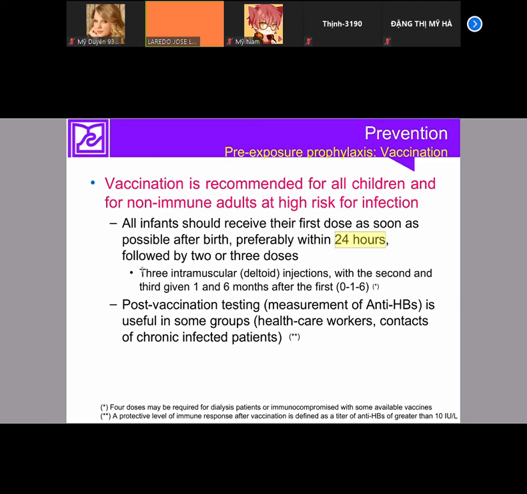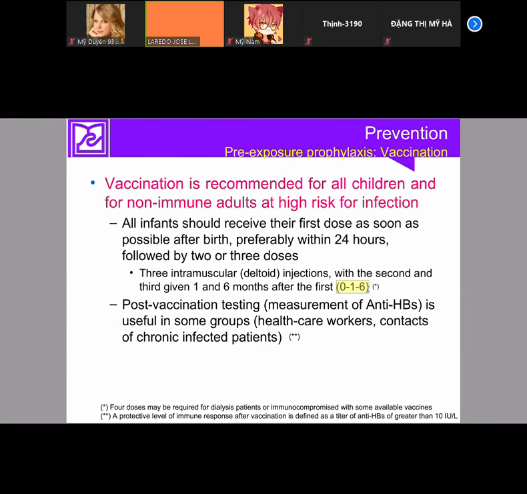This vaccine requires 3 doses, intramuscular. The second one after 1 month, and the third one after 6 months. All of you have received this vaccine. So all of you are protected against hepatitis B.